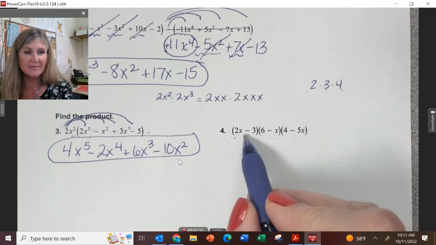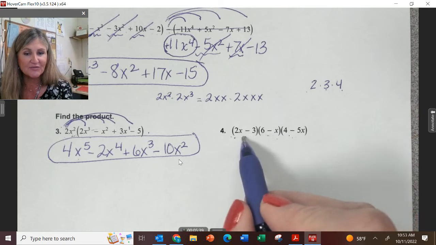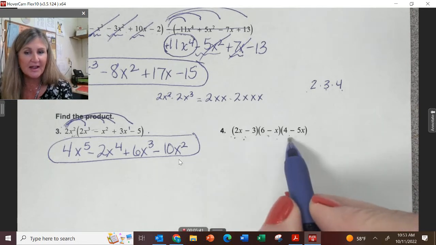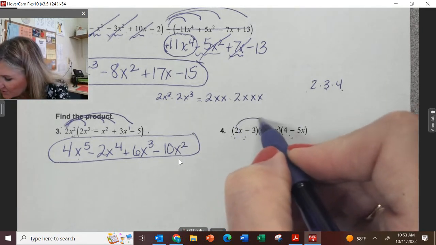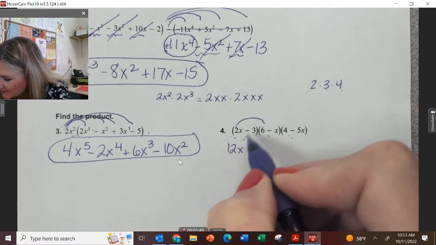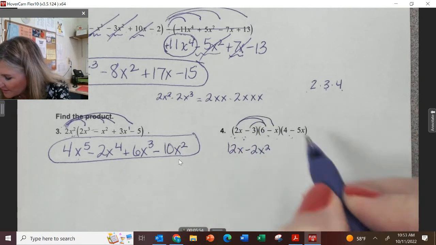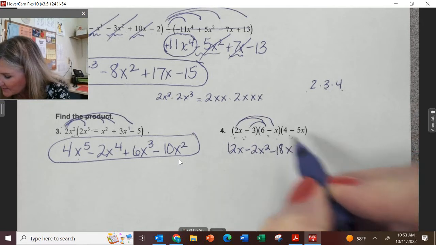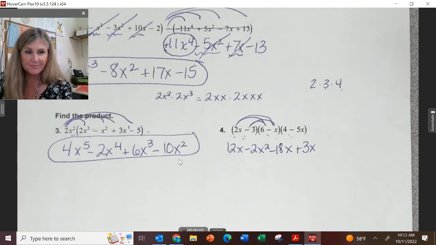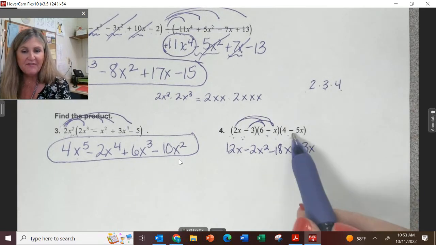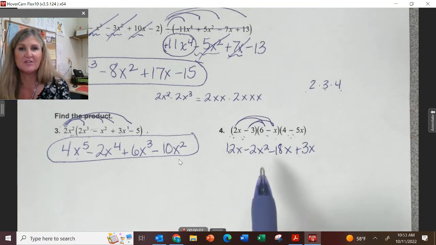So if this is the same thing, I'm multiplying this times this times this. So I'm going to multiply these first 2, get an answer, and then I'm going to multiply by that. So when I multiply these first 2, I'm going to get 12x minus 2x squared minus 18x plus 3x. Before I multiply by the third one, I should probably simplify this first. Question?